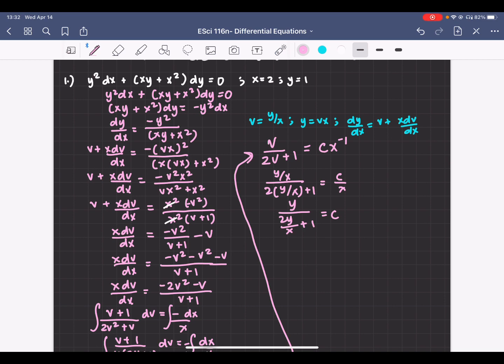Now we have our parameter, which is x equals 2 and y equals 1.